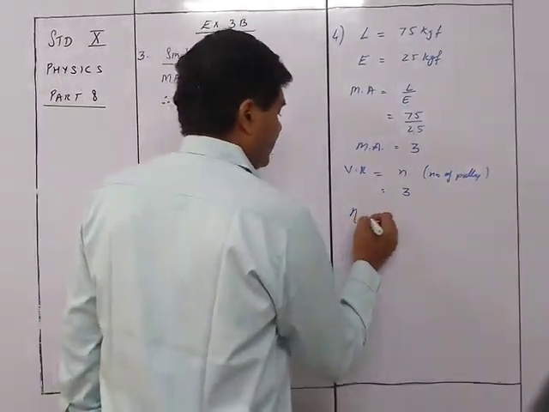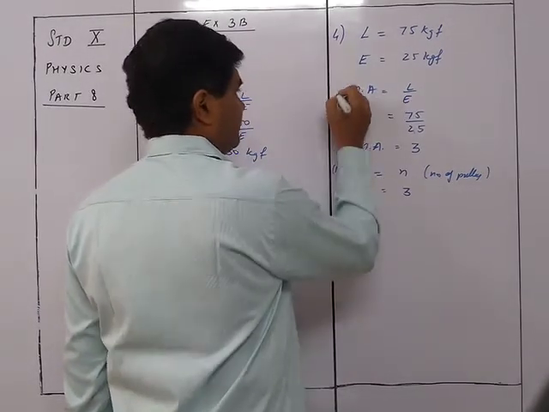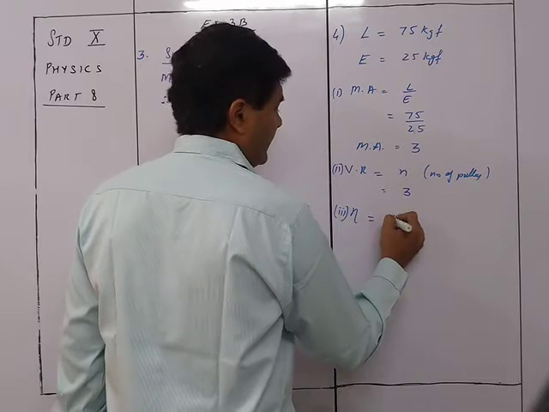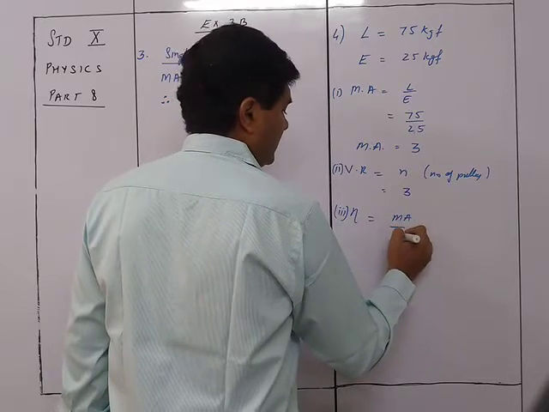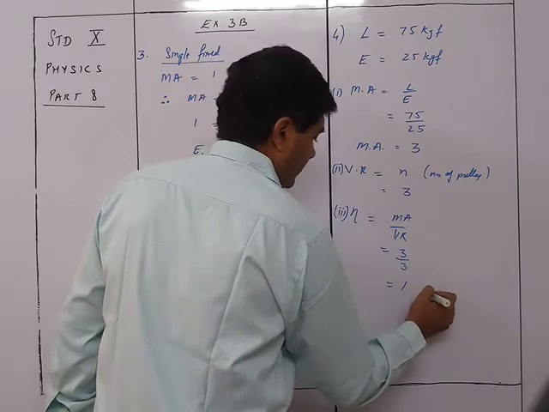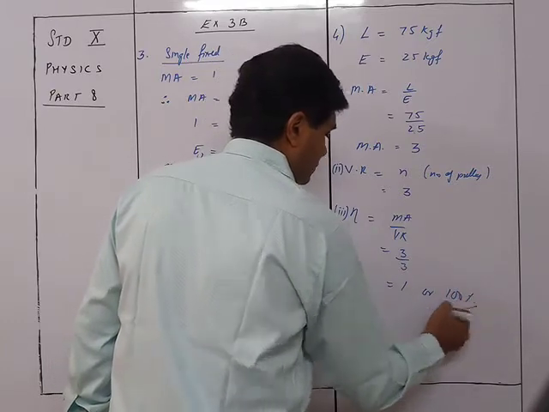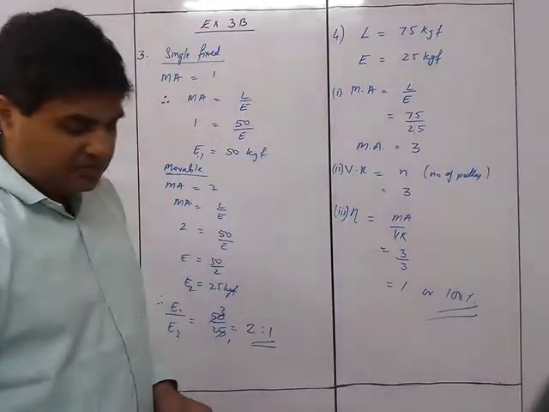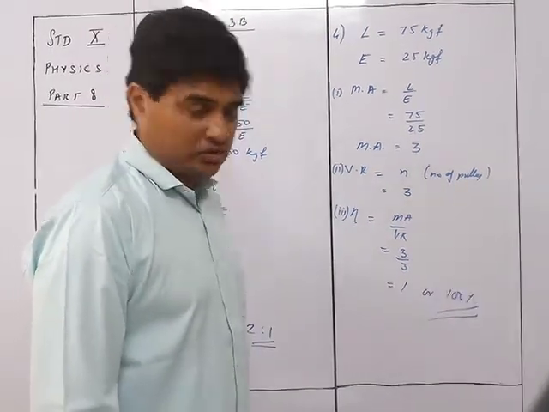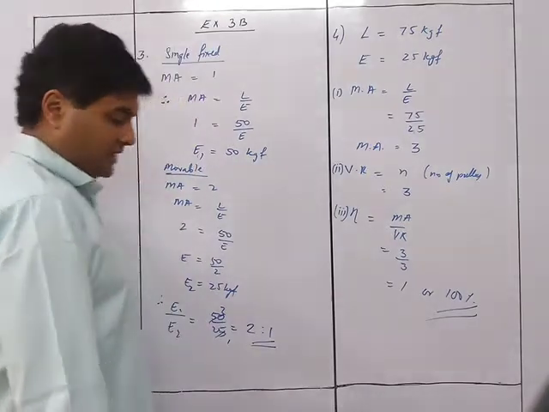This is the third part over here. Efficiency is MA upon VR. So that is going to be 3 upon 3 is equals to 1 or 100%. So that's the efficiency, 100% for this particular block and tackle system having 3 pulleys. So that was your sum number 4.